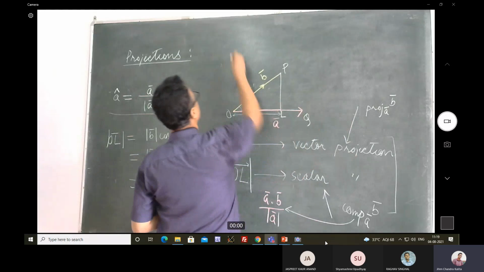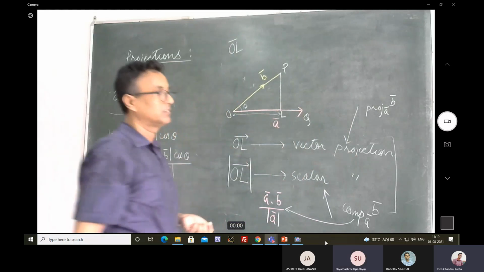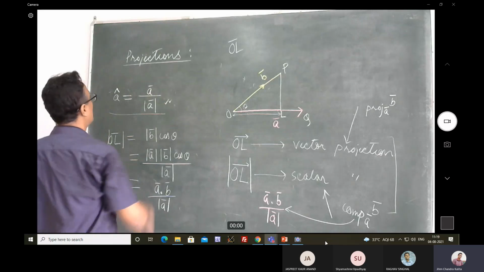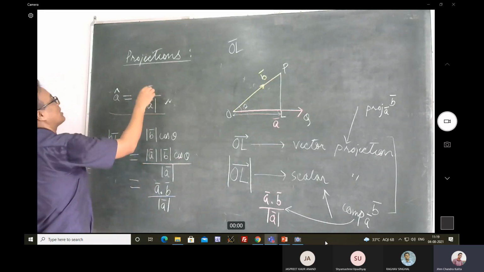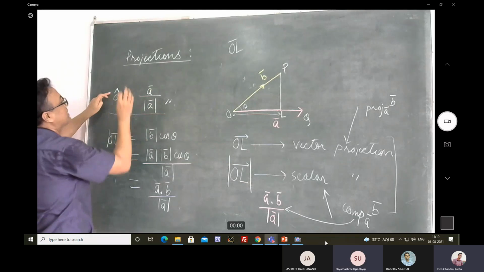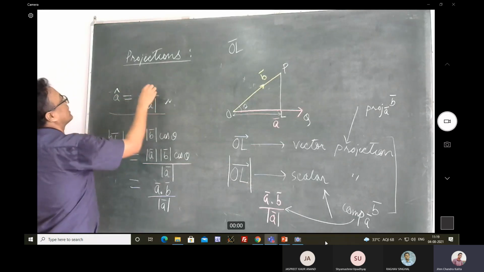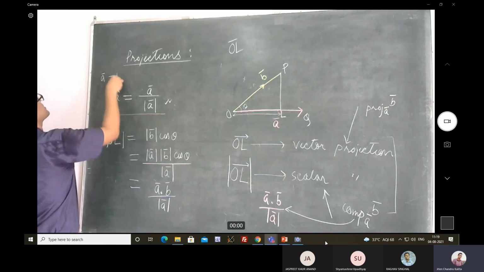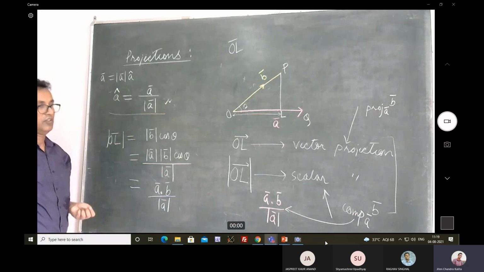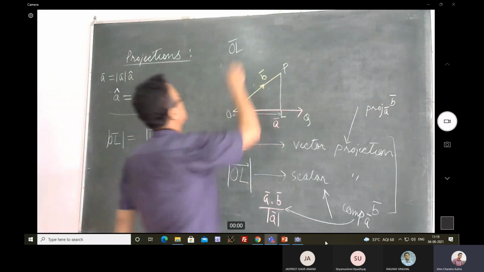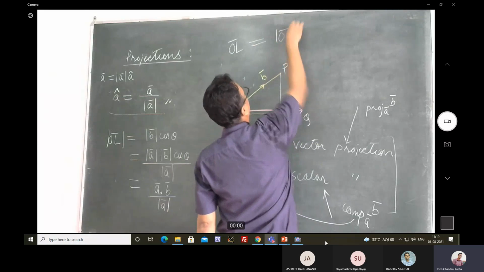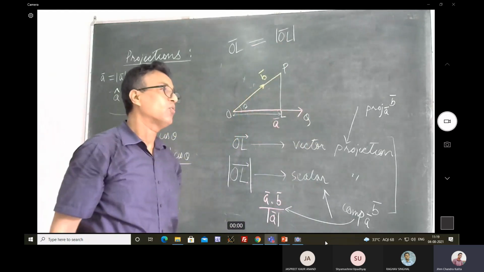Now let us come to the vector projection. You know that vector projection is nothing but this vector OL. And yesterday I told you how do I get OL? Any vector, how can you get it? You simply multiply the magnitude into a unit vector along that. So that means OL is simply magnitude of OL and a unit vector along OL.